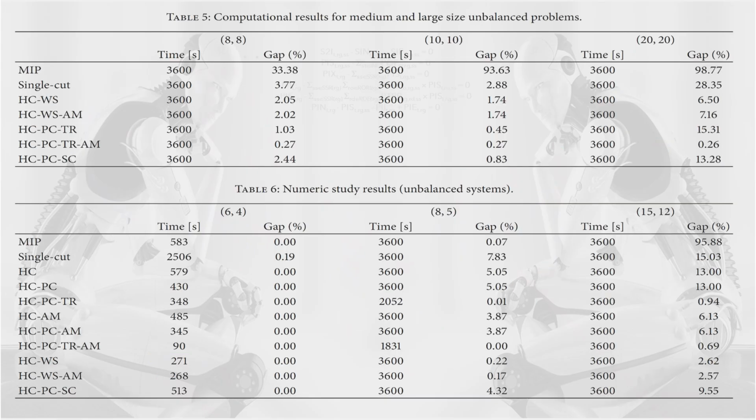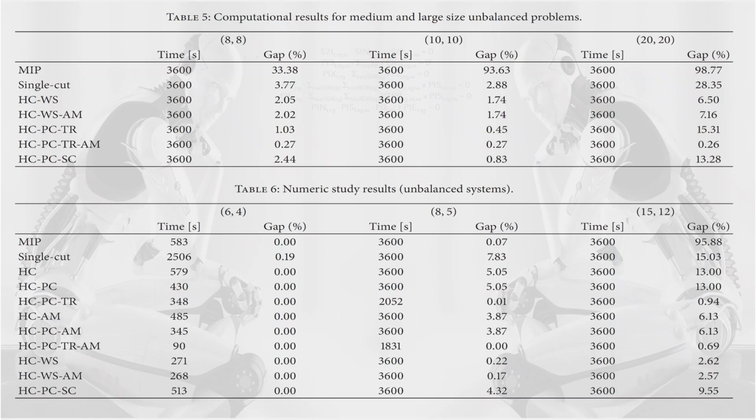Table 5 shows computational results for medium and large size balanced problems. It includes average results of two medium-size balanced problems, n,m equals 8/8 and n,m equals 10/10, and one large size, n,m equals 20/20, balanced problem with 4 independent instances for each.